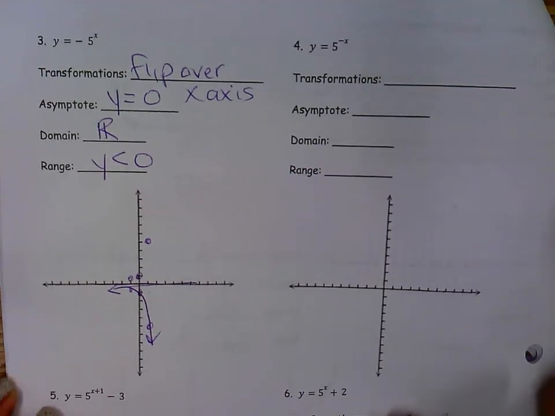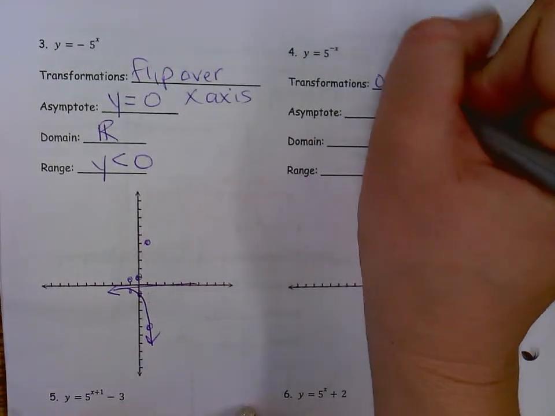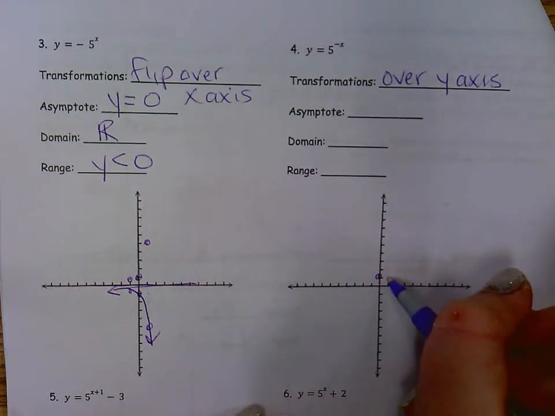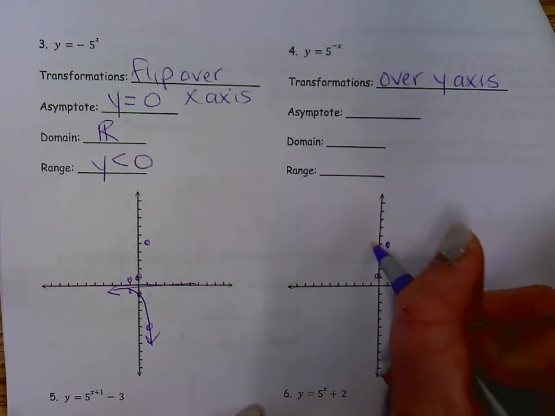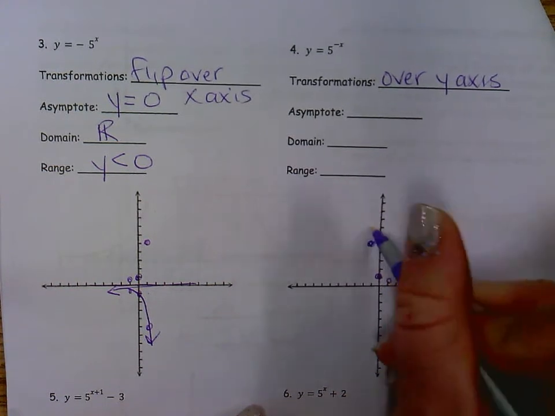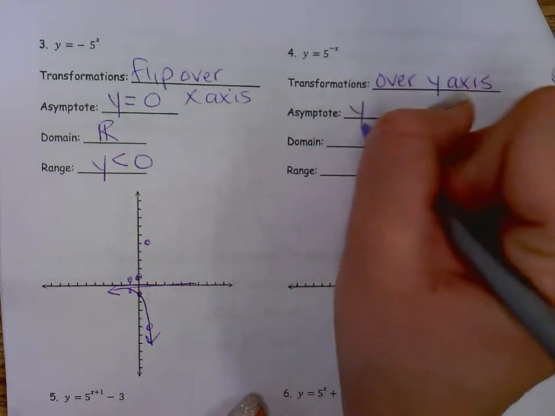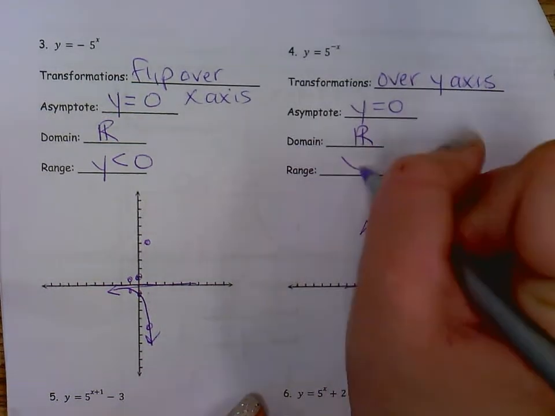Okay. This one would be over the y-axis. 1, 2, 3, 4, 5. So it's here, here, and here. But still y equals 0, all real numbers, y is greater than 0.